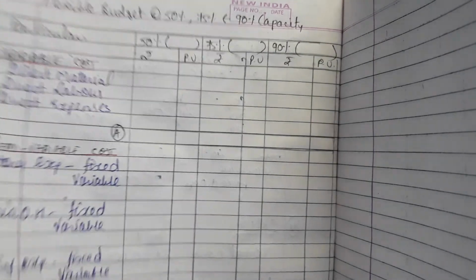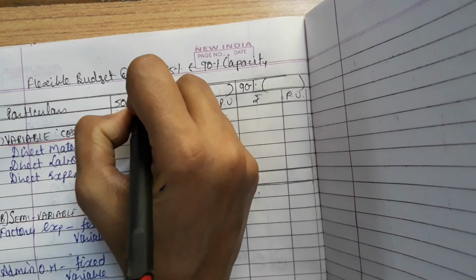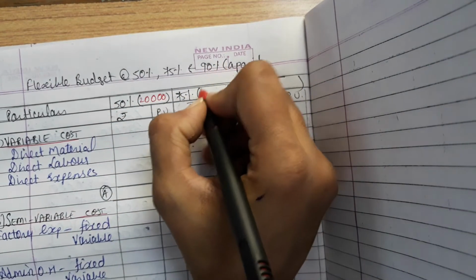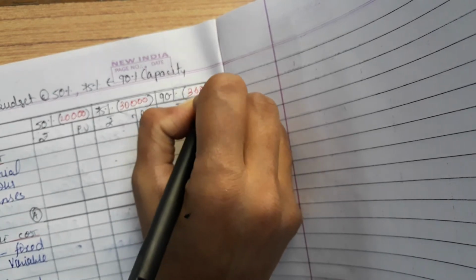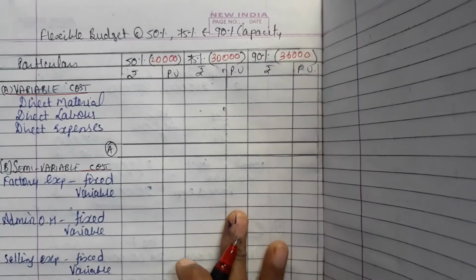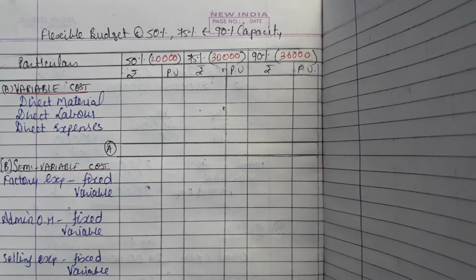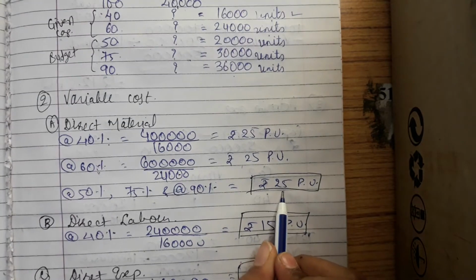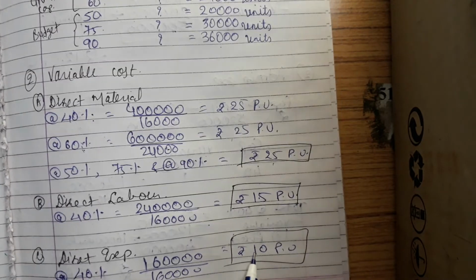So the very first item, number of units: 20,000, 30,000 and 36,000 units. Okay. As far as our direct material is concerned, the rates are 25 rupees per unit, 15 and 10.